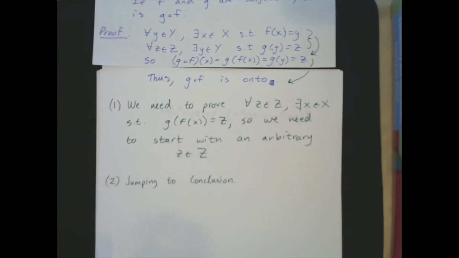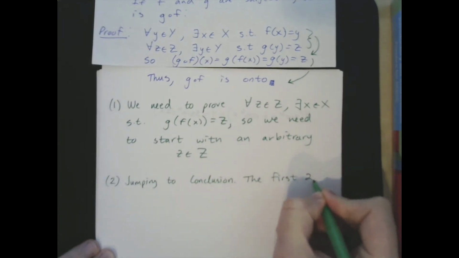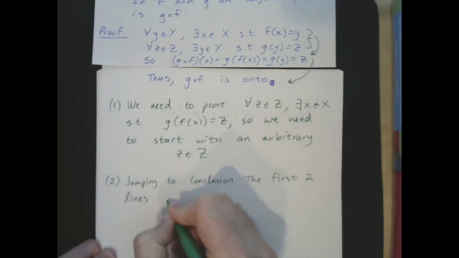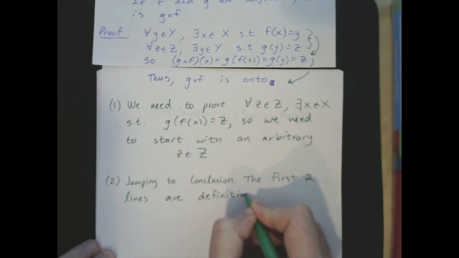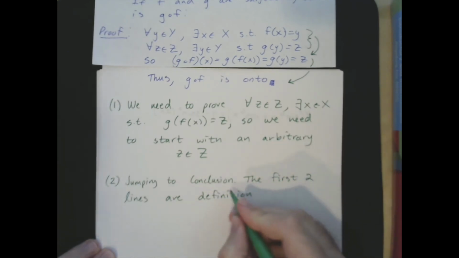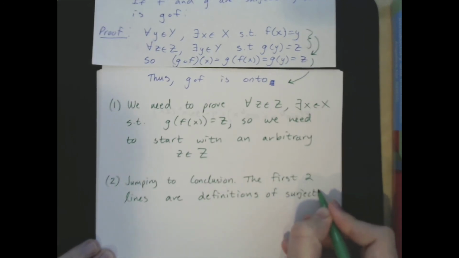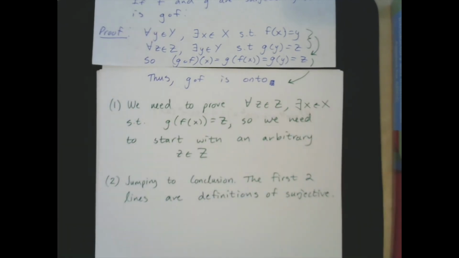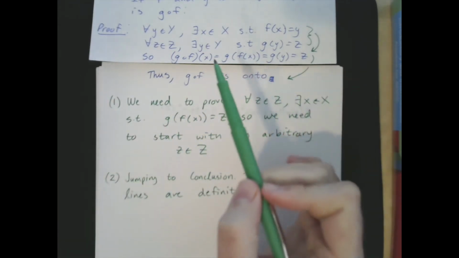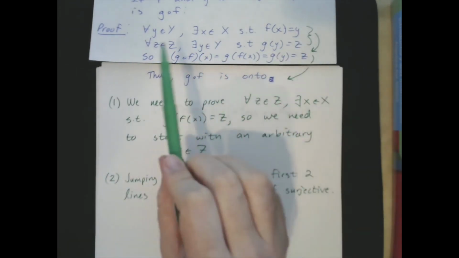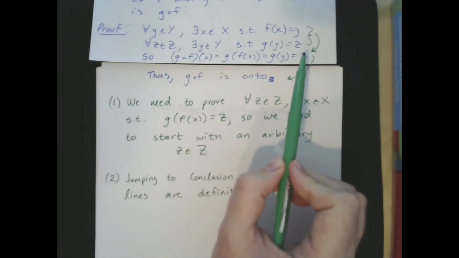Some of you may have correctly identified that the first two lines are just definitions of surjective. Because we know that f and g in this proof are supposed to be surjective, this is just restating, yes, f is surjective, g is surjective.